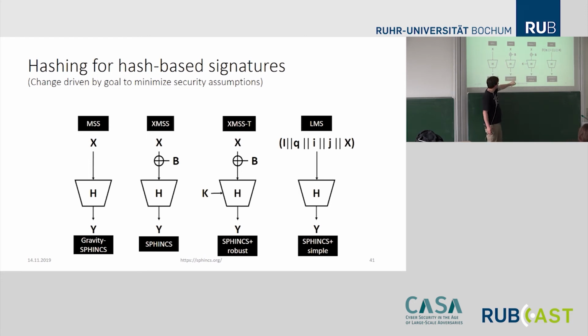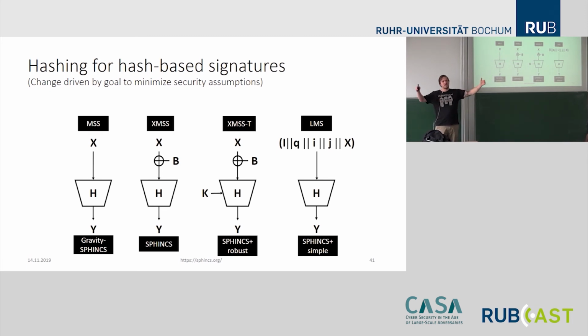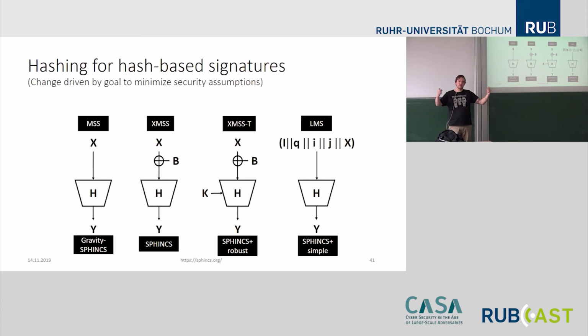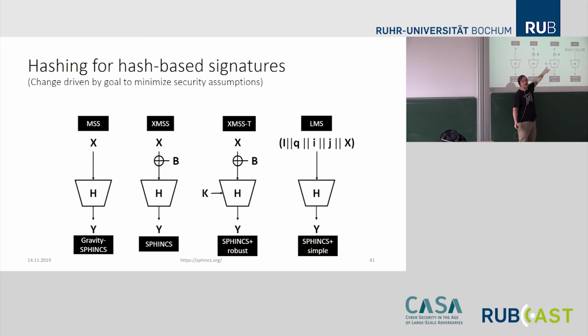That's what we used in Sphincs. In XMSS-T, we added a key to the hash function, which you can think of as a domain separator. This just makes sure if you see a bunch of images and you win when you are able to invert one of them, for every query, you actually have to select a key, which means the query never works or leaks information about all of the targets, but just about one.